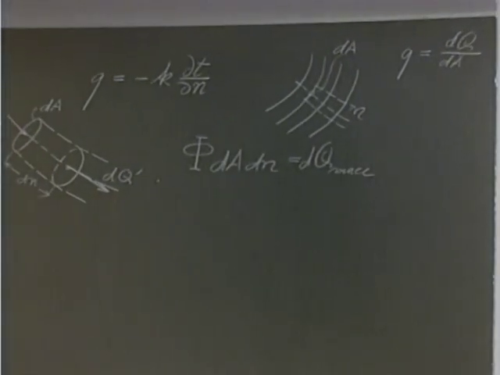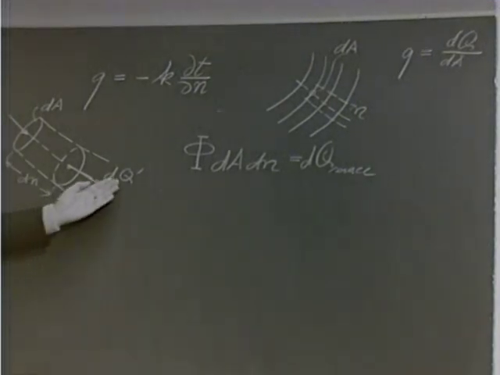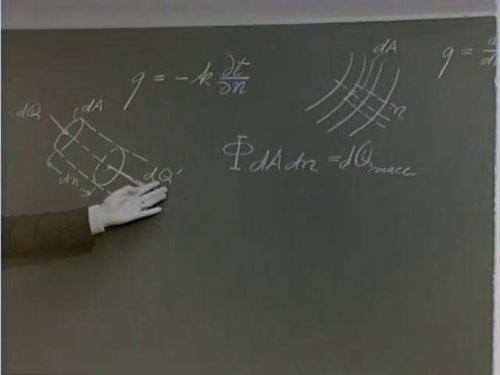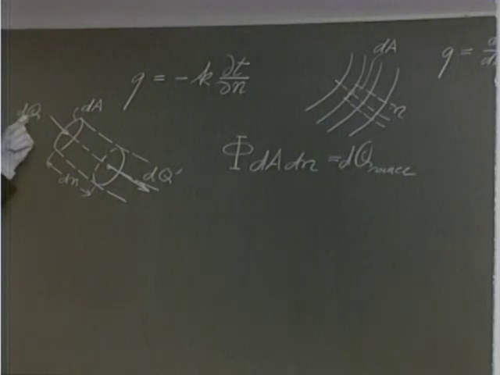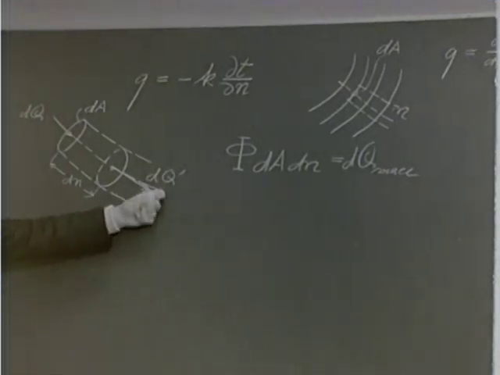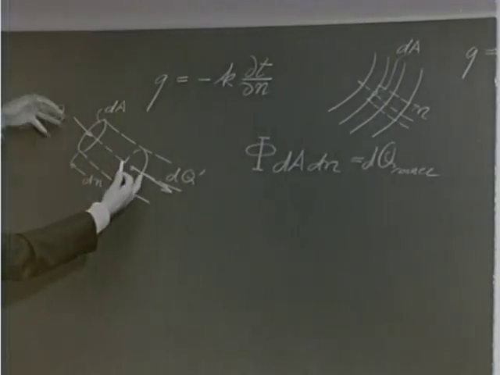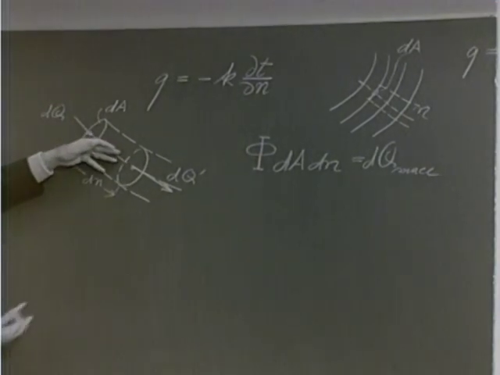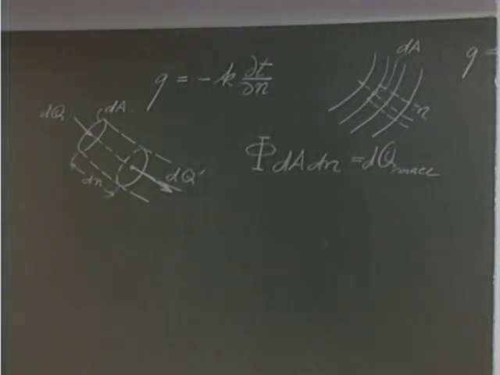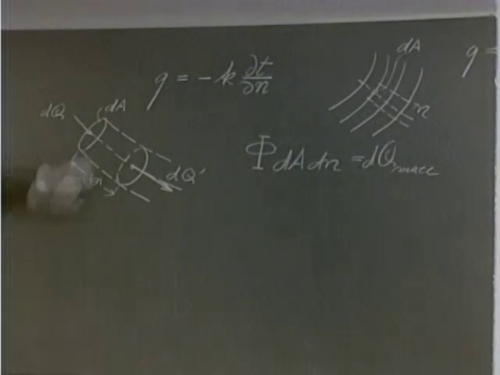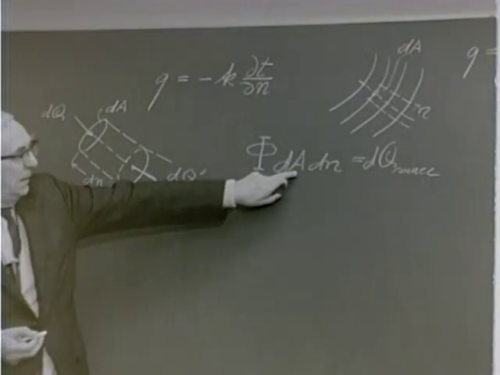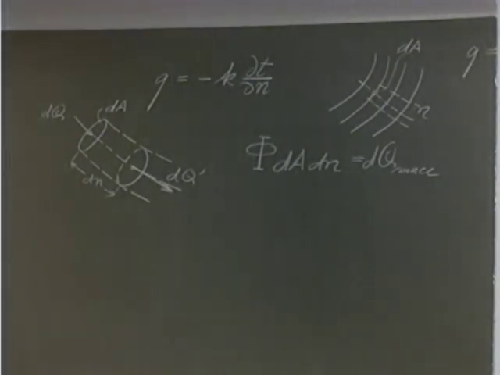Then we have the heat flux entering, we have the heat flux leaving. The difference, for instance, between dQ minus dQ dash would be the surplus of heat which enters the volume element over that which leaves the volume element. So this would be a continuous heat which accumulates in the interior, and also the heat which is generated internally will have to be stored in the interior of our volume element.